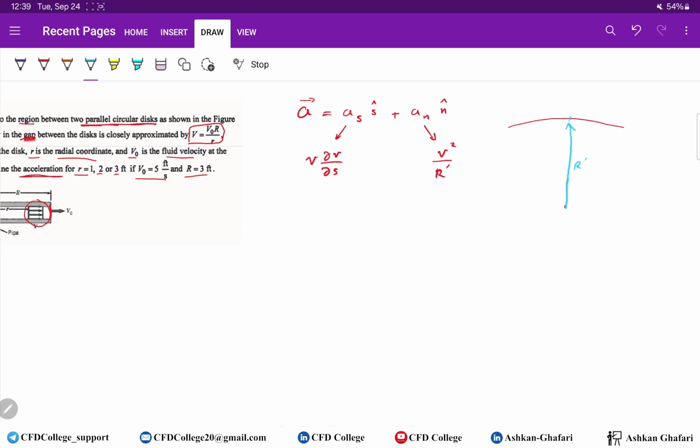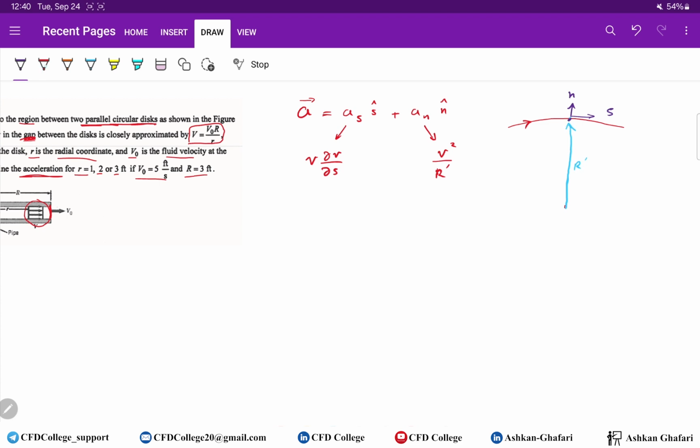As you can see, this is the flow, this is flow direction. So this is s, or let's say this is streamline direction, and this is normal direction. So we have r prime, and these are normal and streamwise streamline directions. This r prime is the radius of this curvature.